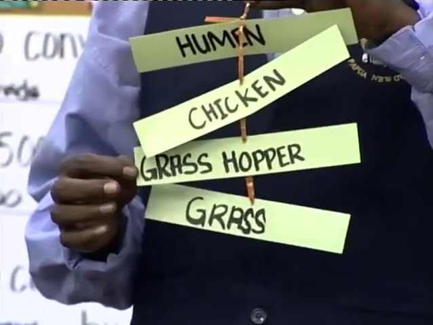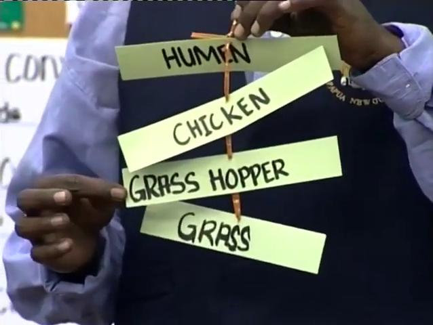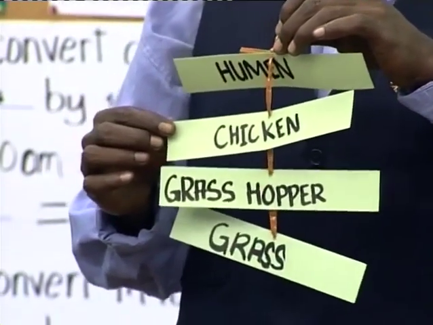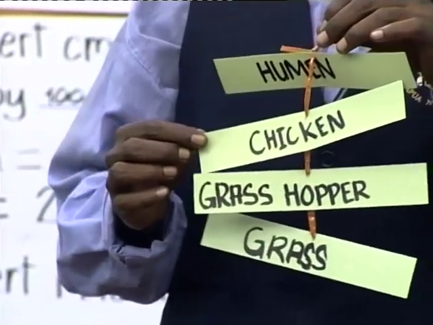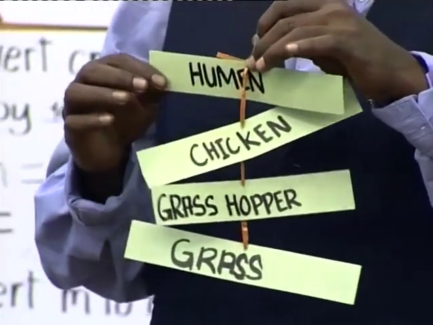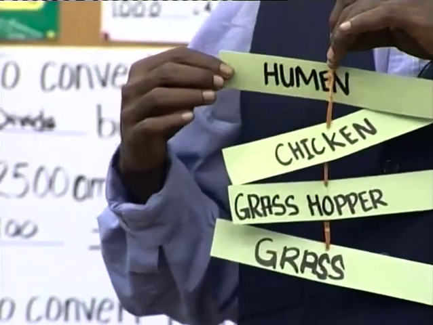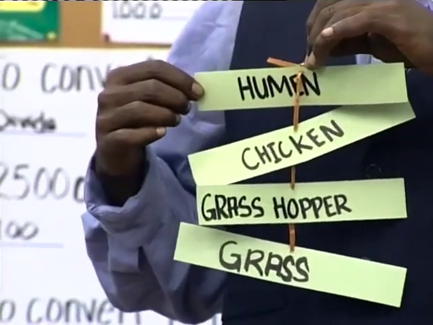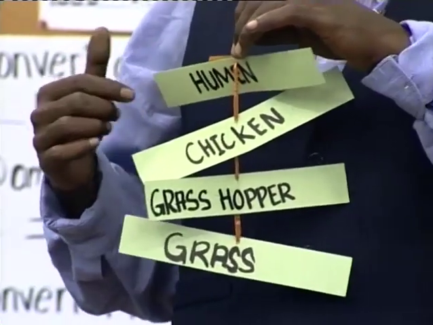In this case, the primary consumer is the grasshopper, then the secondary consumer, which is the chicken, and the tertiary consumer, which is the human, right at the top.